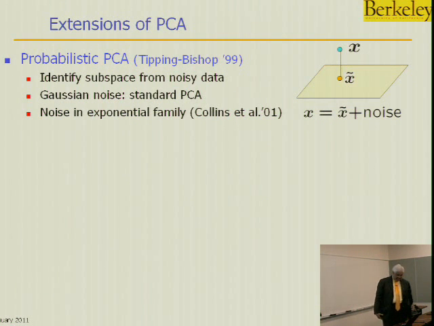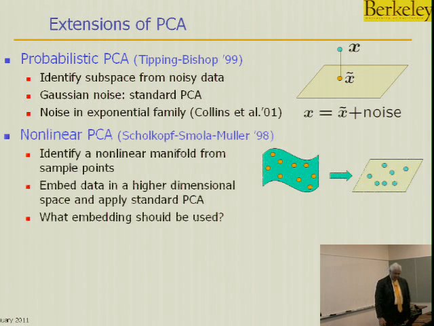So in the statistics literature, these two guys, Tipping and Bishop, figured out that there was a probabilistic interpretation of this, and again, I think Alan's gone through this. It says that if there is Gaussian noise on top of elements lying on a subspace, the deviations from that subspace correspond to the small singular values.